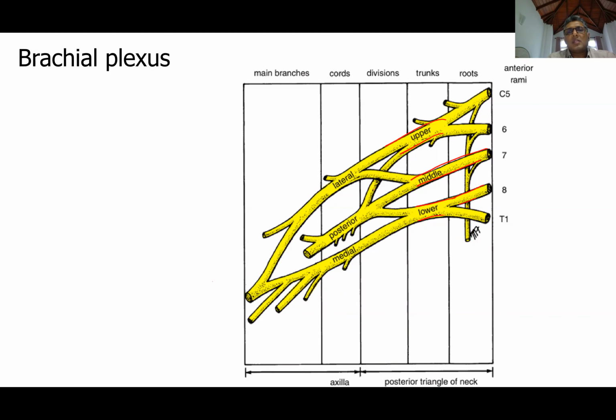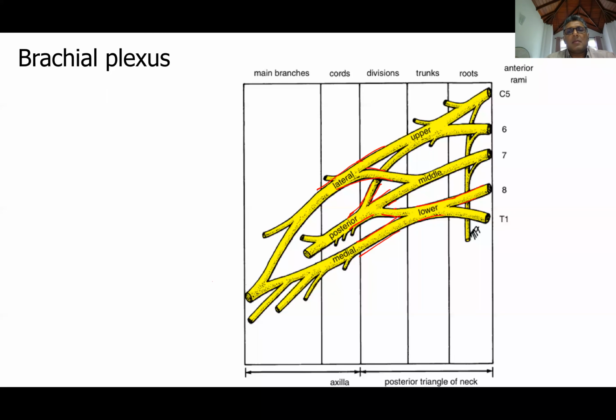Then each trunk is divided into an anterior and a posterior division. All posterior divisions of all three trunks unite and form the posterior cord. The anterior divisions of upper and middle trunks unite and form the lateral cord. The anterior division of lower trunk continues as the medial cord.